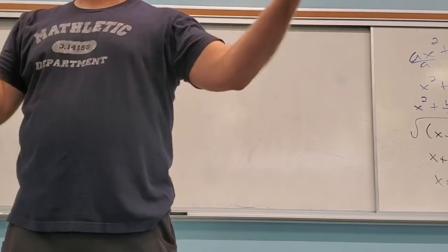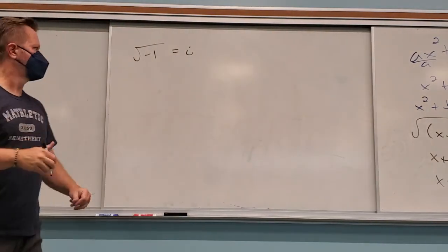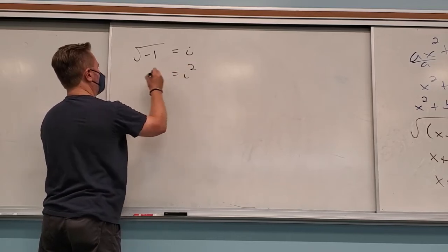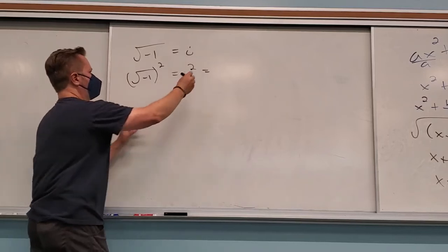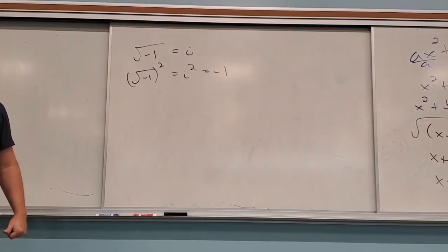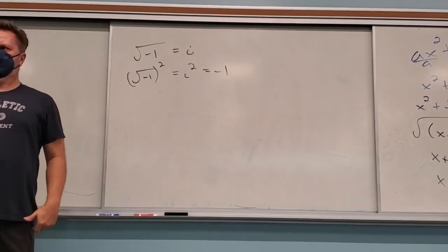I just didn't want to have to write all that down. This thing looks weird, so let's call it i. So what did we just figure out that i squared is? -1. So i squared is -1.